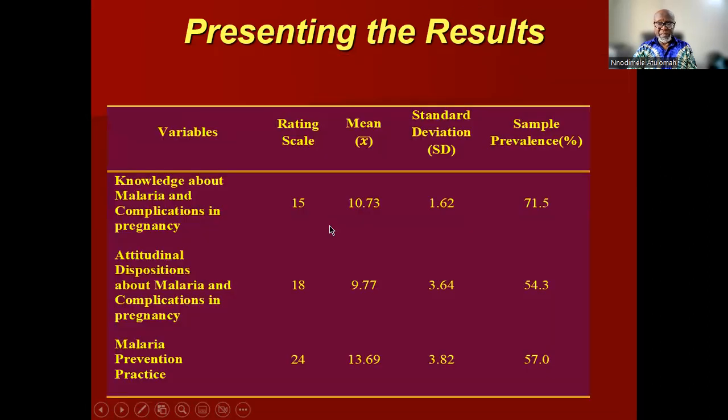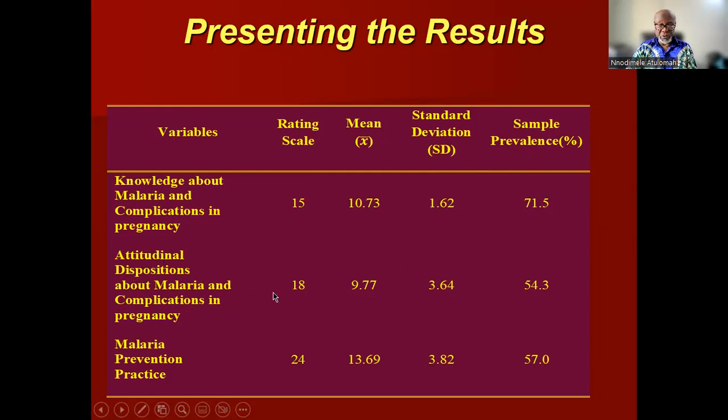So after setting up the frequency distribution, we now come to the weighted score, the actual score for those variables. For knowledge about malaria, on a 15-point rating scale, these participants, 137 of them, scored a mean of 10.73 with a standard deviation of 1.62, and the prevalence of this knowledge amongst the sample is 71.5%.